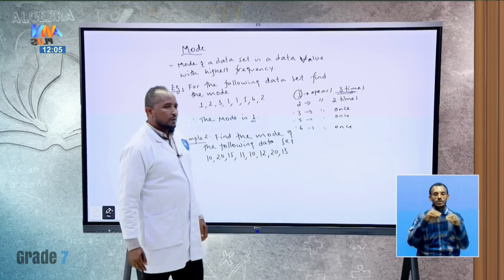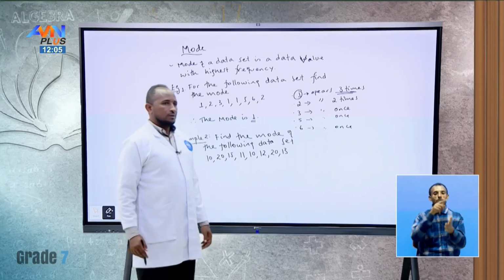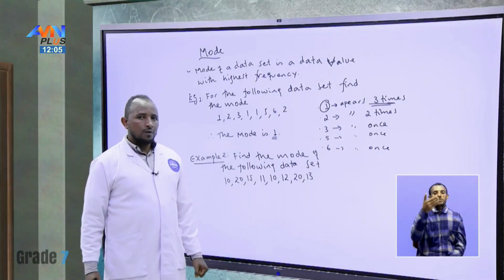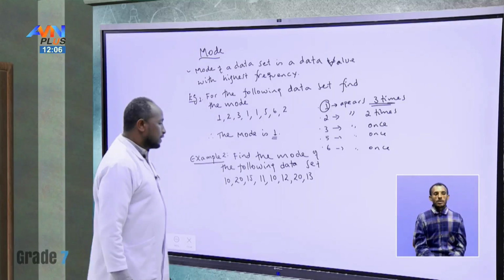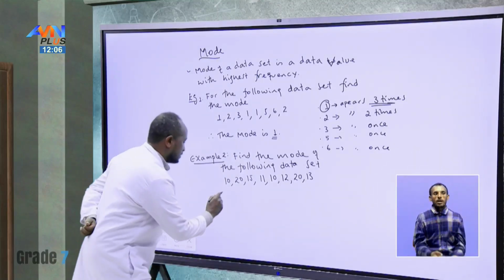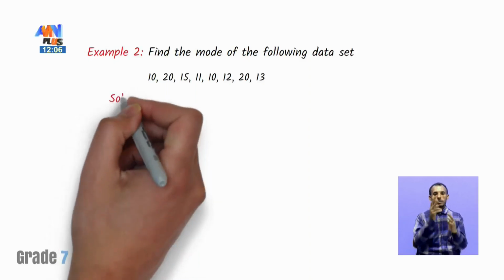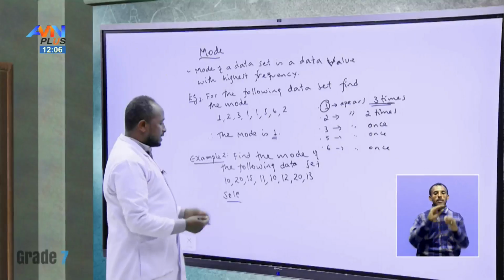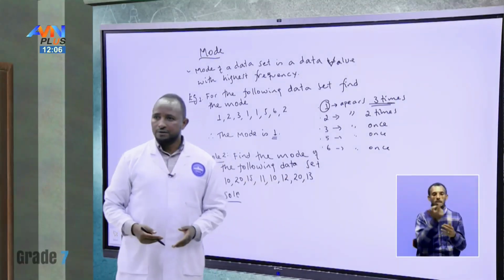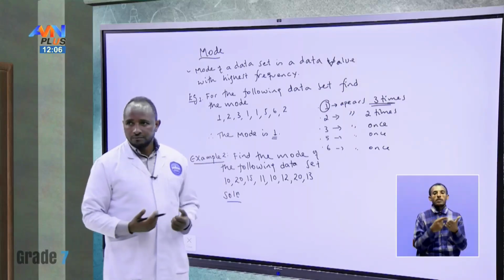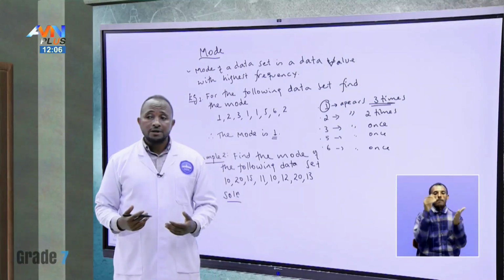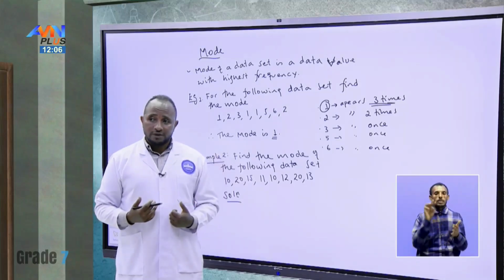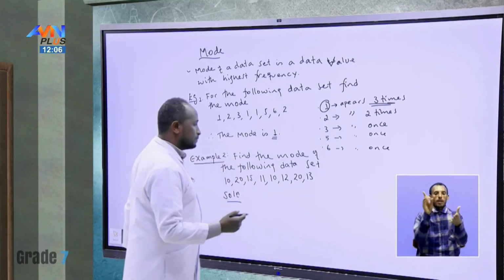Students, have you tried the question? Good. Now, let's see the answer together. Let's see the number of appearances of each data value, or the frequency of each. The number with greatest frequency will be the mode of that given data.